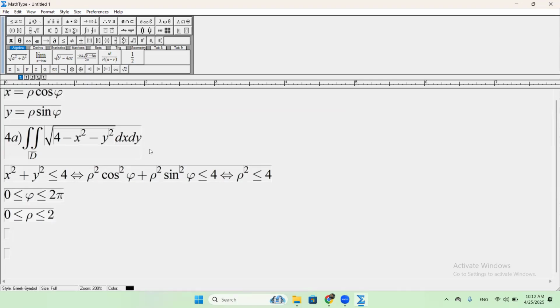And now, let's also transform this expression. It will be equal to 4 minus rho square. So we will rewrite this integral.